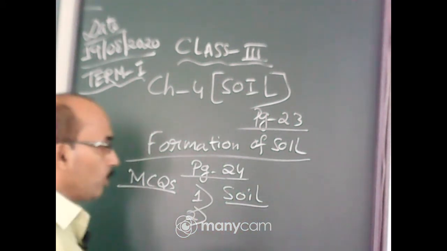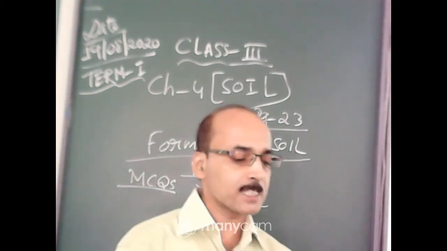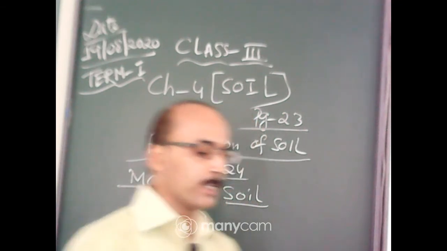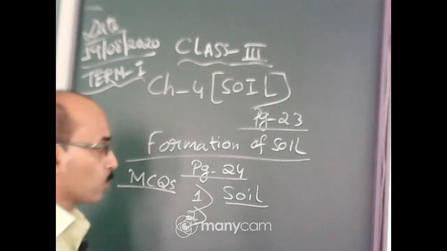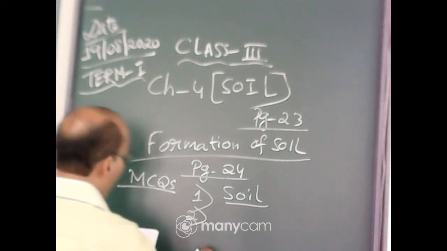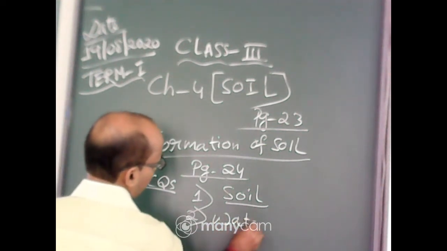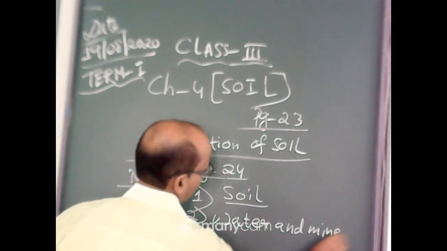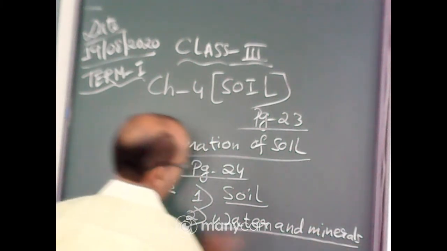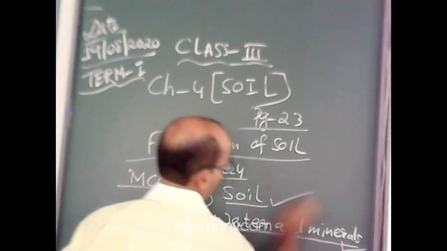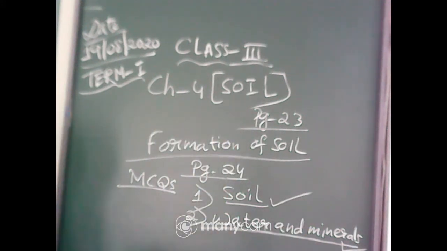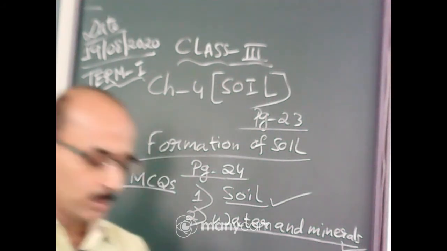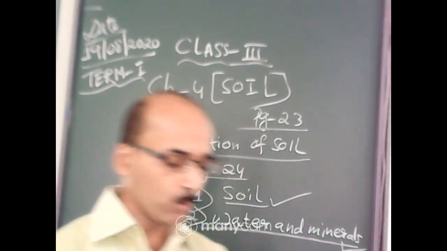Question number 2, roots of plants go into the soil to get water, minerals, or water and minerals. What is the answer? It is water and minerals. Okay, I think all of you have done this one. You should do this in your book, okay, with the pencil.